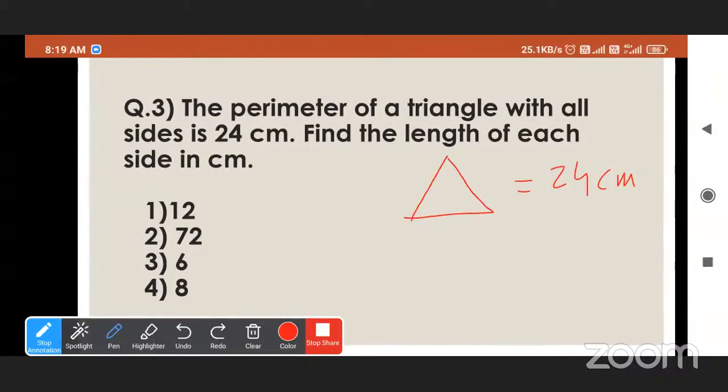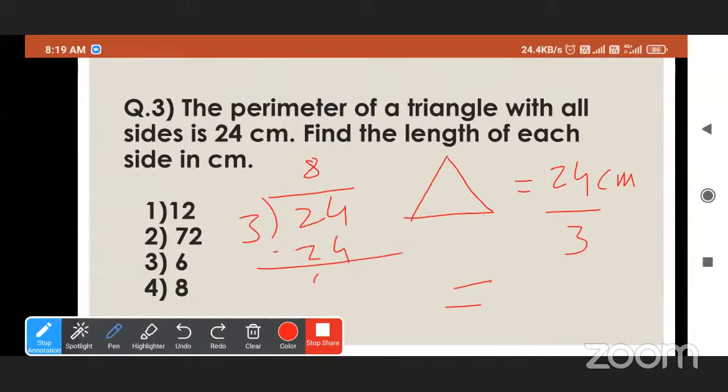There are 3 sides in a triangle. By dividing the perimeter by the number of sides, we will get the length of one side. So 24 divided by 3 is 8, since 8 threes are 24.